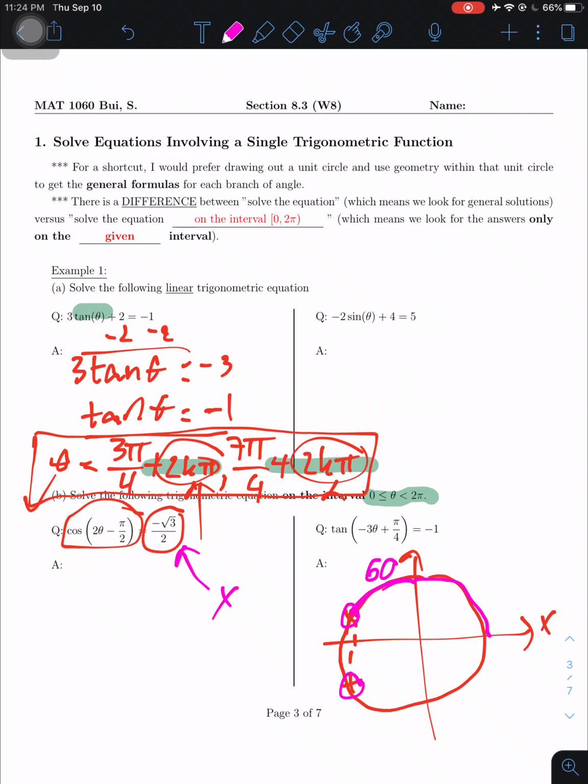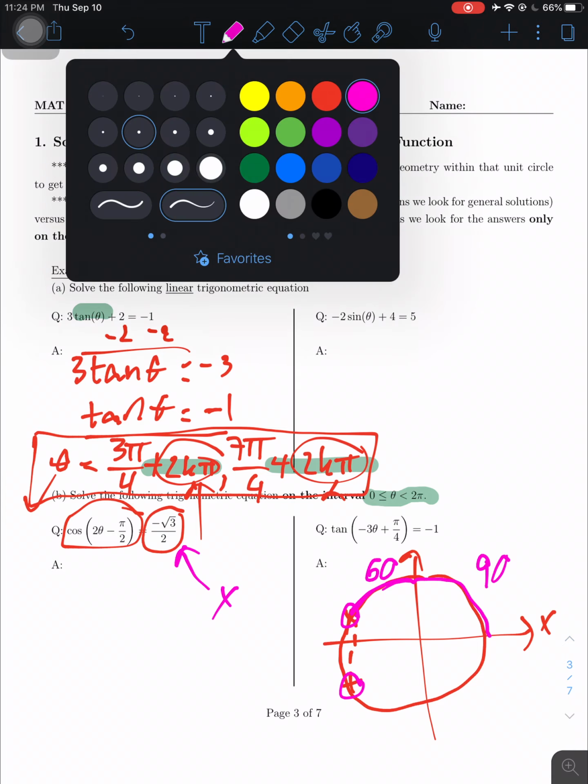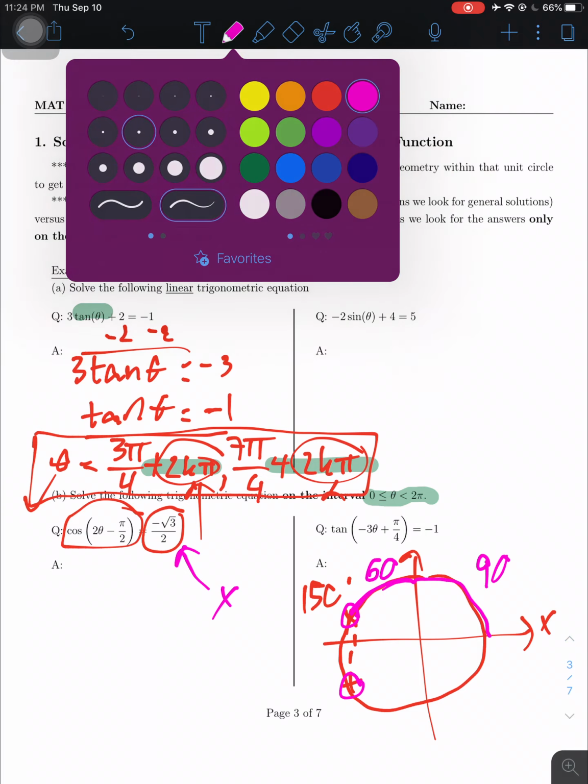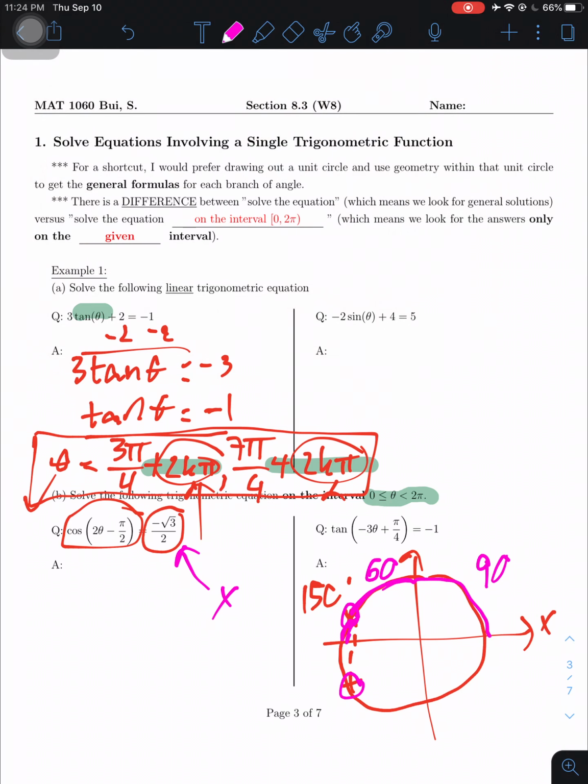But if you don't want to carry the unit circle with you, you can definitely do my thing. So we have a 90 in here and a 60 over there. Together we add them up and we have 150 in here. And same thing in here, the leftover part would be 30 and another 30 in here.